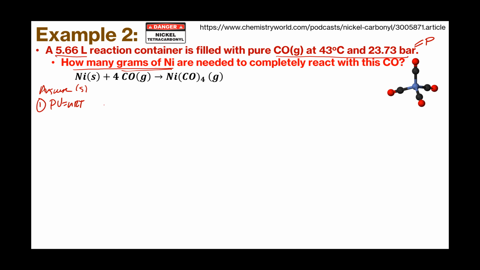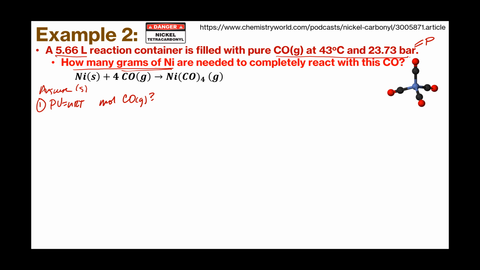Okay. And what we're looking for here is moles of carbon monoxide because we were given liters, Celsius, and bar. We'll know what R is, and we're looking to convert that in the equation. So we need to have, using the chemical equation, moles. Okay.